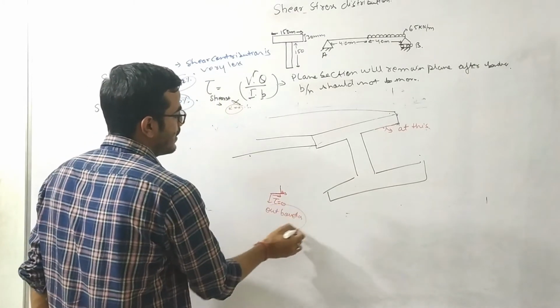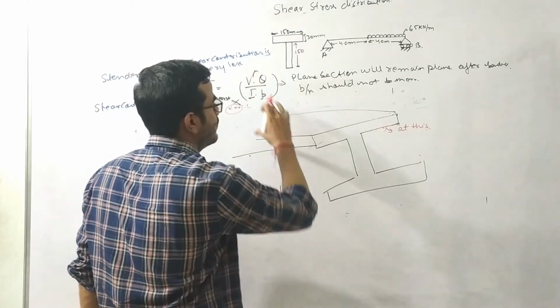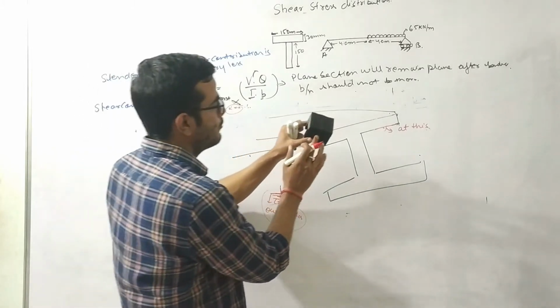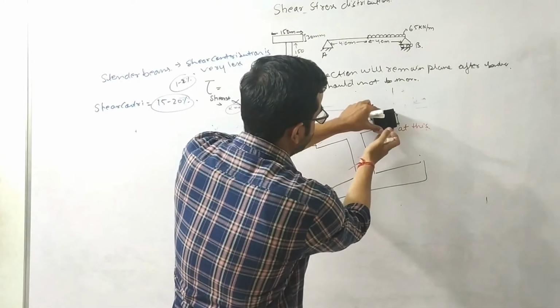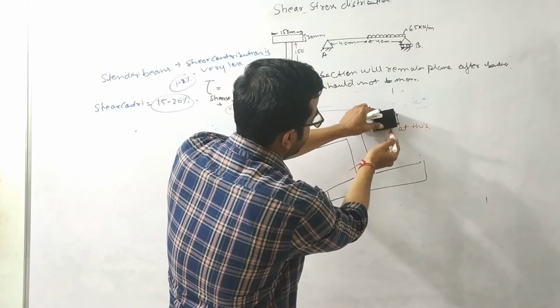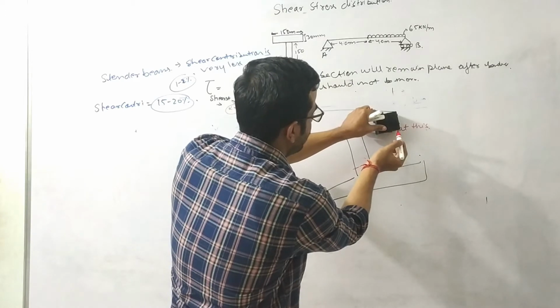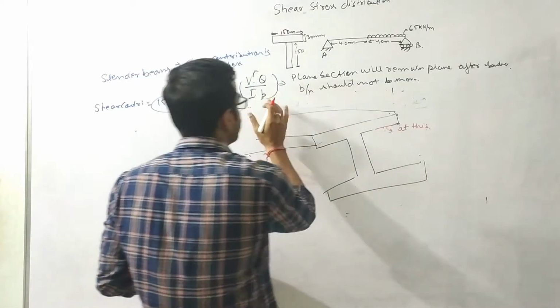So this thing I'm unable to predict by this formula. At this point my shear stress will be 0 because this is the outer boundary and there are no contact surfaces. So the horizontal shear stress is 0, and at this particular element my vertical shear stress should also be 0.